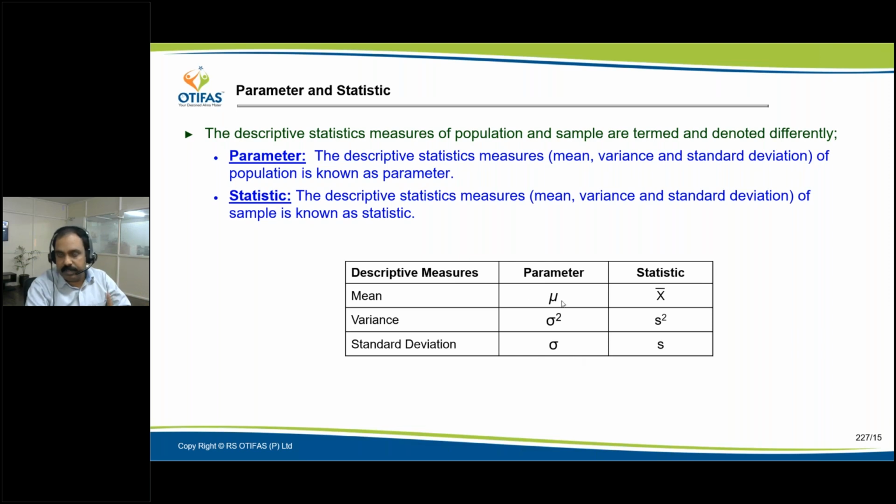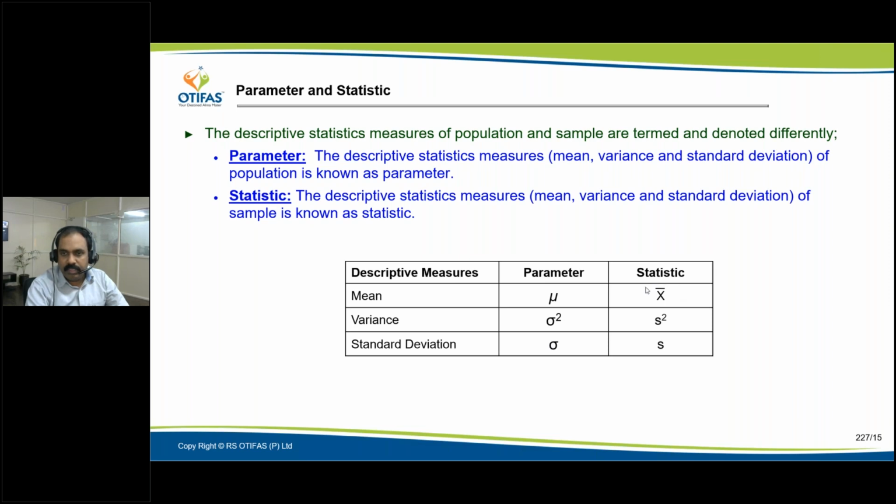Please remember this. It is very, very important, because you are going to use these kinds of symbols in all Six Sigma projects. The population mean is called mu, and standard deviation is sigma. Variance is sigma square.